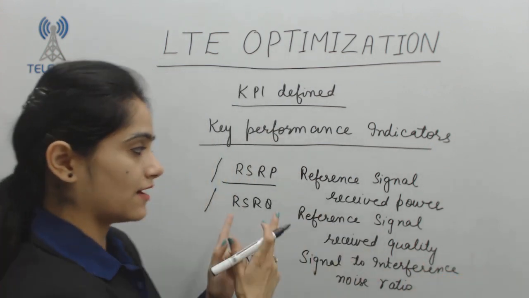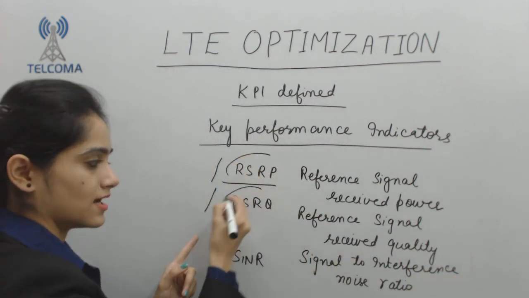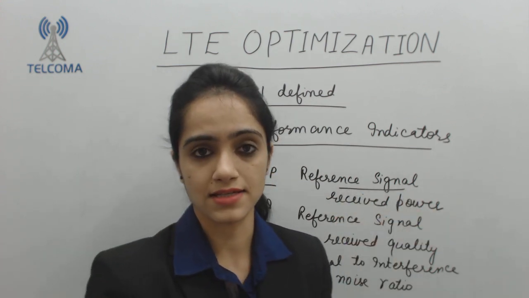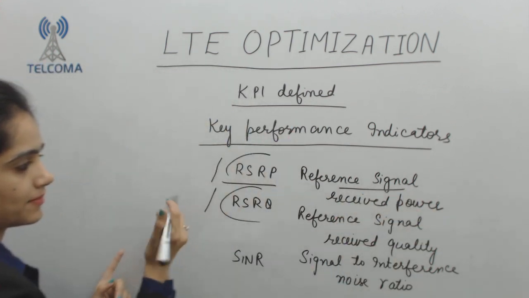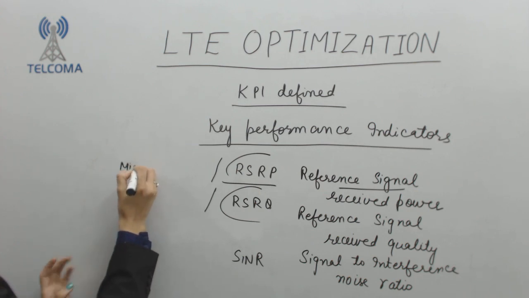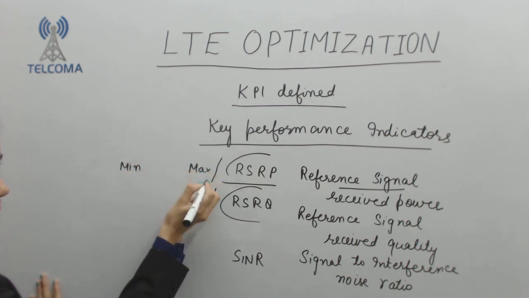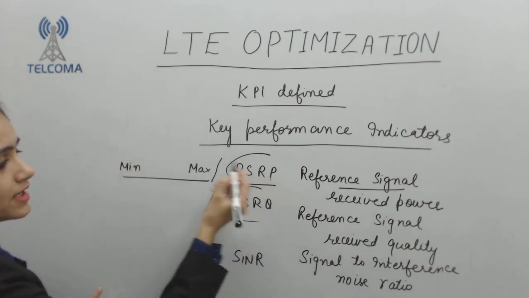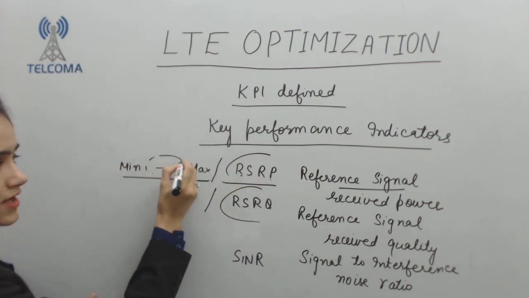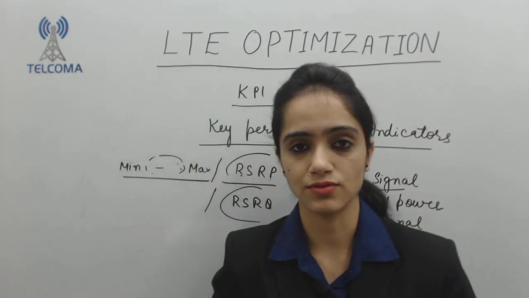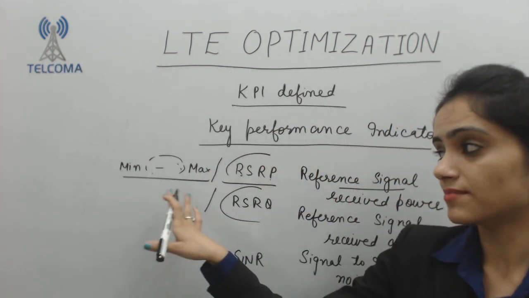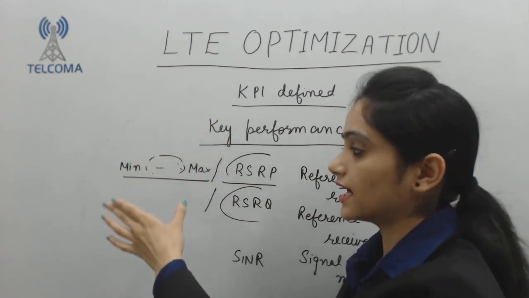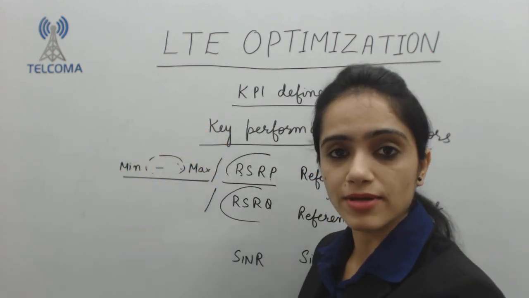In LTE we have RSRP and RSRQ because we have reference signals to send the power in LTE. Now for KPIs we have defined the minimum values and the maximum values, and my RSRP value should range in between these minimum and maximum values. These are my key performance indicators that will judge my radio network performance.